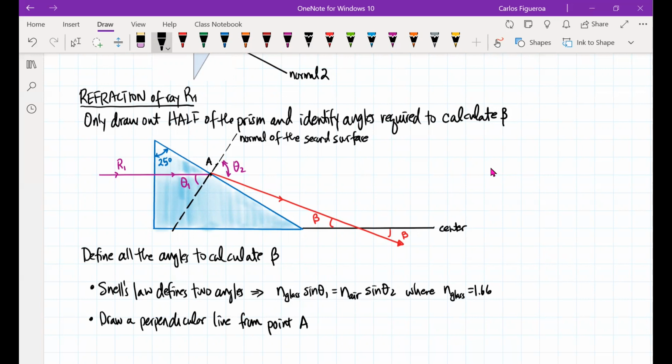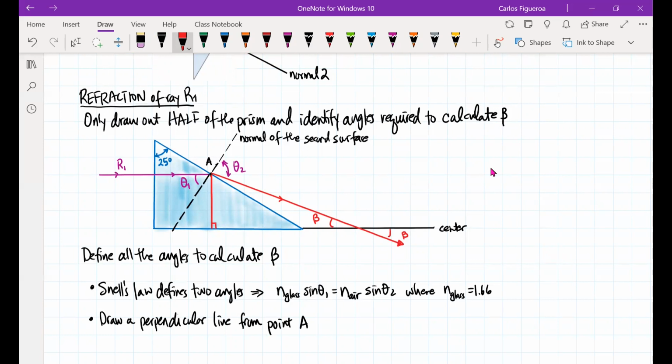And what I mean by that is that I'm going to be doing this here. I'm going to choose my colors very carefully. So look what I'm doing. If I draw this perpendicular line right here, note that this guy now is a right triangle.